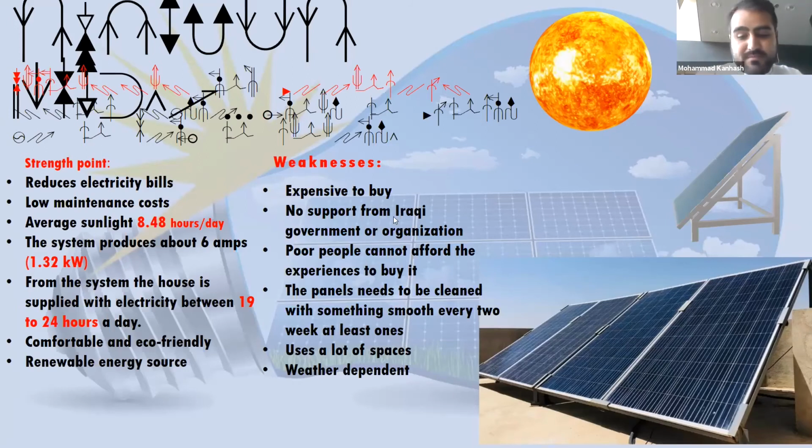We need people to work on it, and I hope the University of Mosul will help with that. The weather could be a problem regarding storms and so on. I want to say there is a future for these panels, this energy, in Iraq.